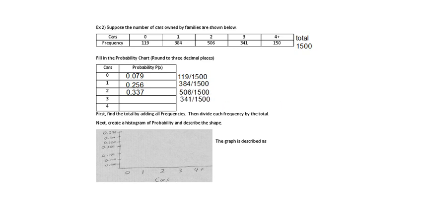And for that we get 0.227. And finally, we can do 150 divided by 1,500. And that's equal to 0.1, which I'm going to call 0.100. Okay, so right now our probability chart is complete.